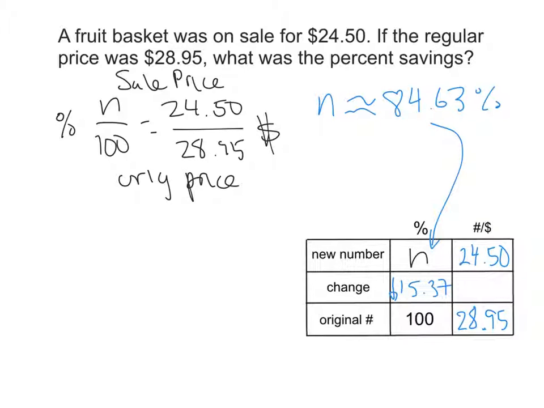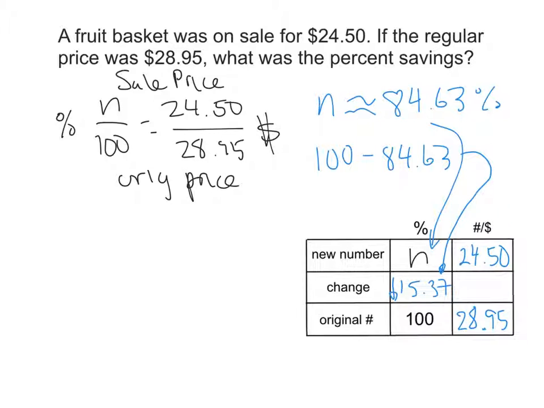So I'll write an arrow down. This will get you the answer of 15.37 as the percent savings. So again, we did that by doing 100 minus 84.63, which gets us this answer directly. So 15.37 is the percent savings, or the percent change as a decrease.